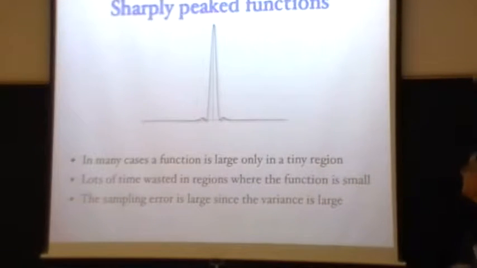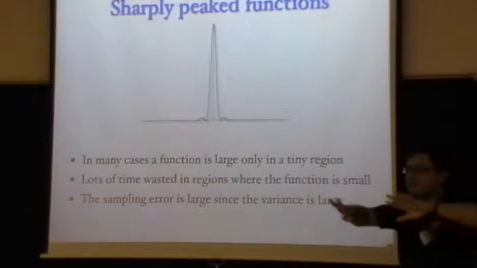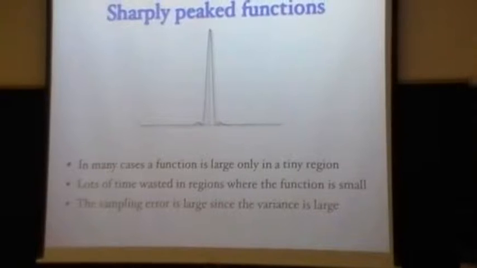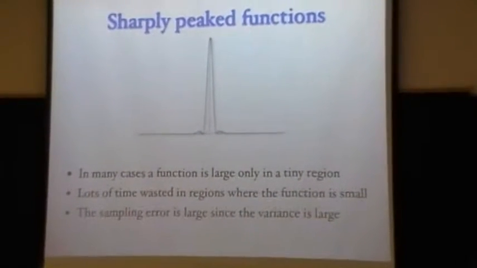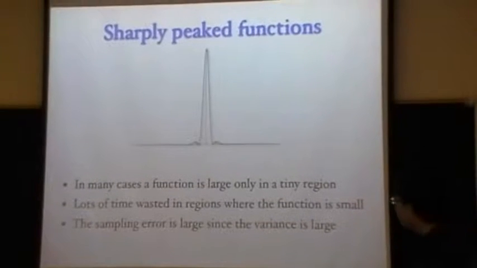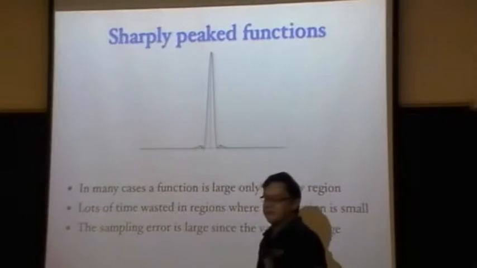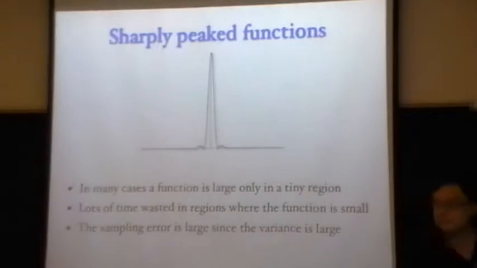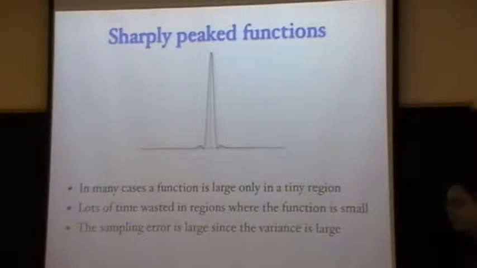But now, most functions we have in physics will be sharply peaked in some region of phase space. It will not be that the function is large everywhere, but it will be sharply peaked, so the variance will be large, and the error will be large.